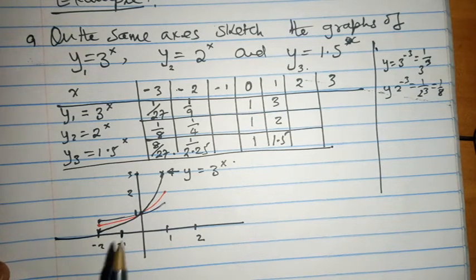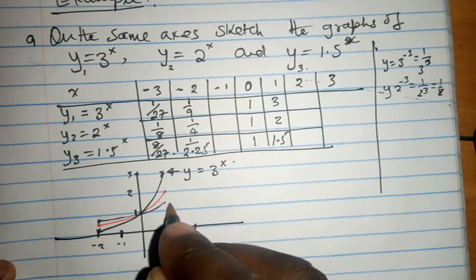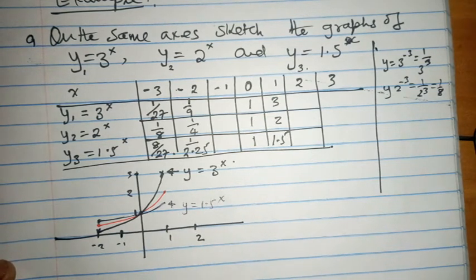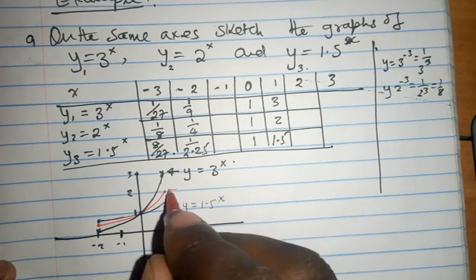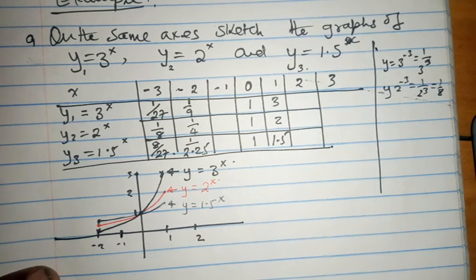So this graph was giving us the higher value of y when x was negative, but when x is positive, you can see it is giving us the lower values of y. So to speak, this is the graph of y equals 1.5 raised to power x, and this is the graph of y equals 2 raised to power x. Please note, on the left, they are displayed this way.